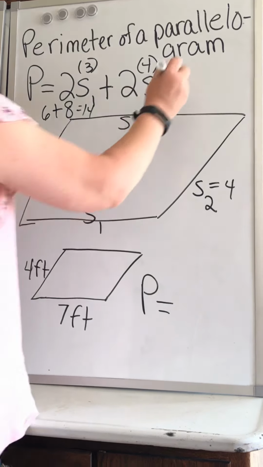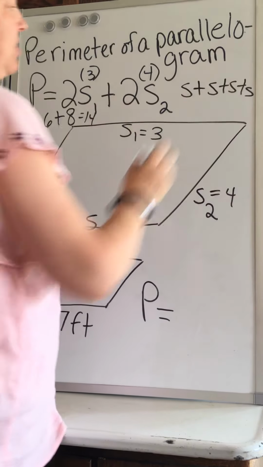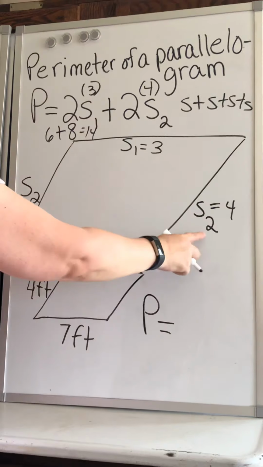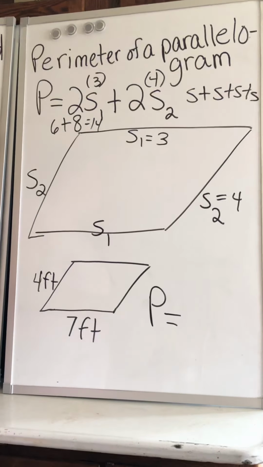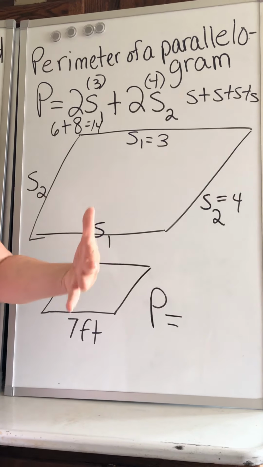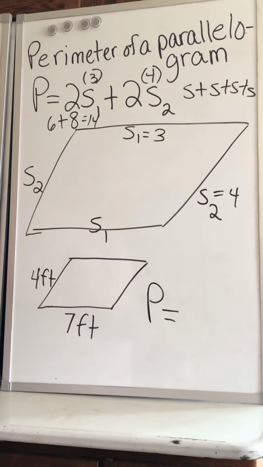I could just say side plus side plus side plus side, and just do it that way. Just make sure you know that these two sides are going to be different from this side most of the time, unless it's a regular parallelogram, which would be a rhombus, where all the sides are equal.